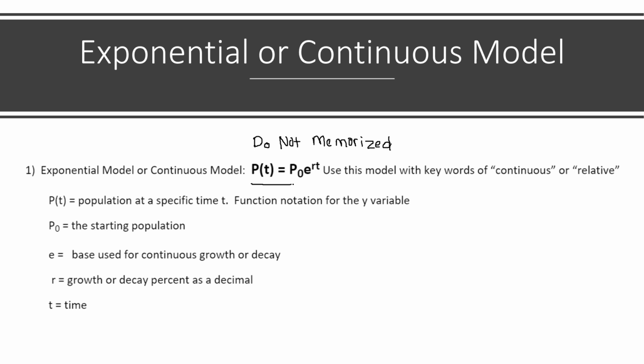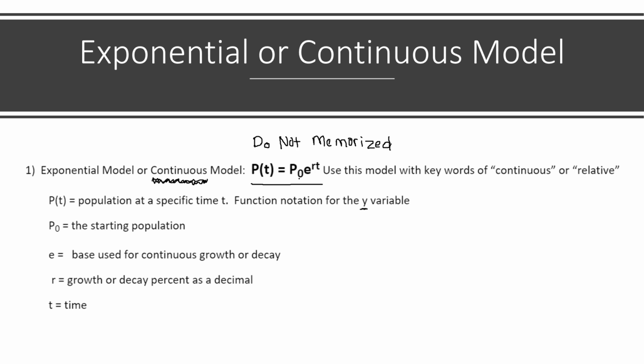So our first model here is our continuous model, so if you have a highlighter, highlight that in your notes. The letters will be pretty much the same in every single model. So P of t is always the population at a specific time. It works instead of the y variable. And if you want to use Desmos to solve, you should be typing y instead of P of t.